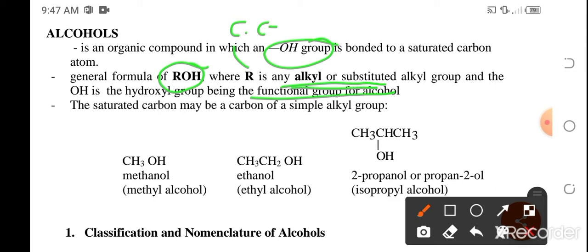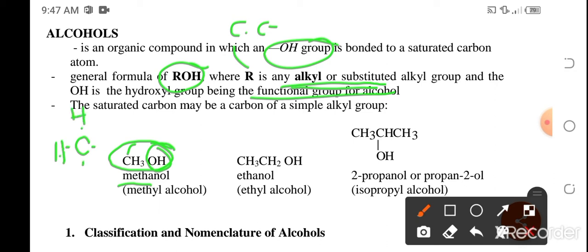So the simplest alcohol is methanol. Meth stands for one carbon atom, and of course, it has the hydroxyl group. If you're going to expand this, the carbon atom has a 4 bond requirement, so there are hydrogens there.